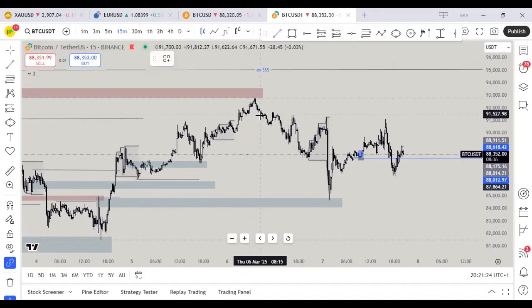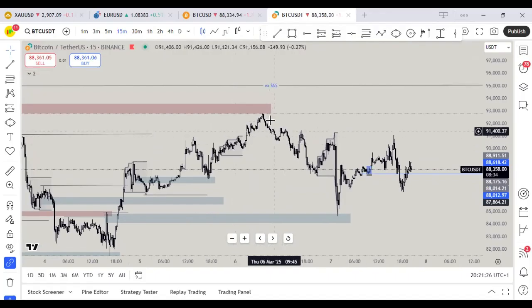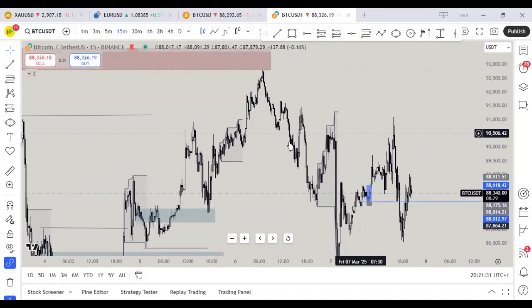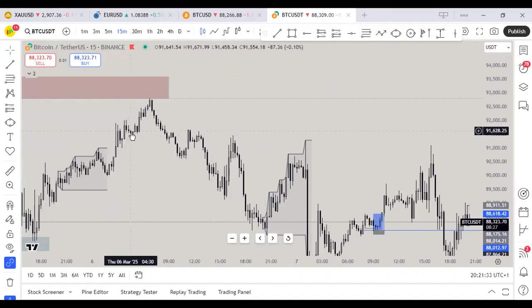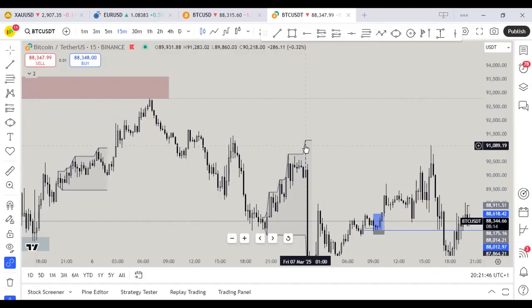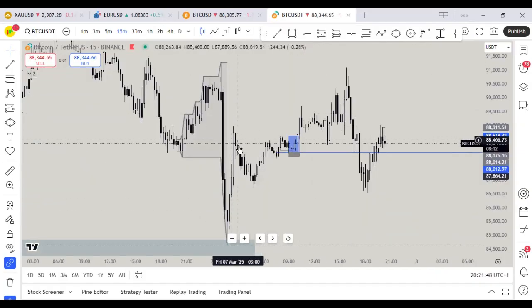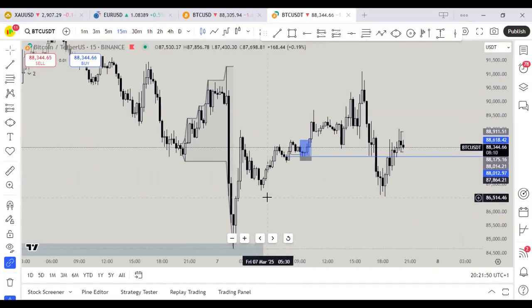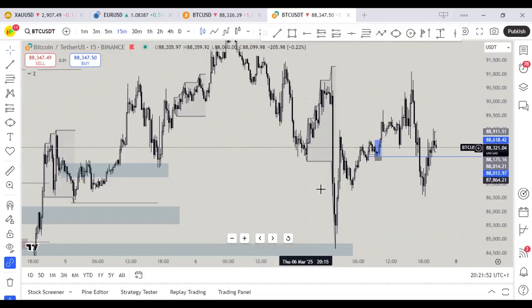Change of character here. We have our liquidity. We have a change of character, liquidity grab, market starts going bearish, break of structure, comes back to a QMR at this level, giving some kind of liquidity on the 5-minute time frame, drop. So mostly we are going bearish as from the higher time frame.